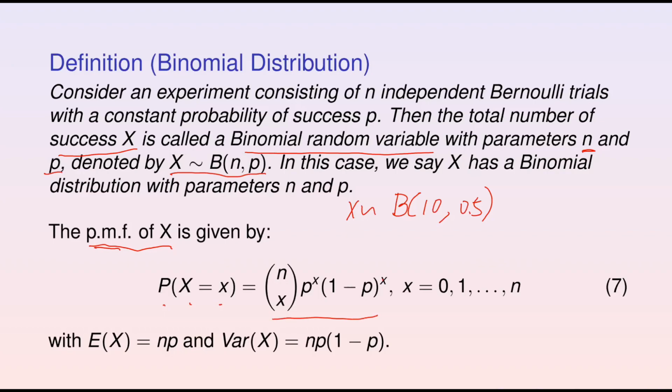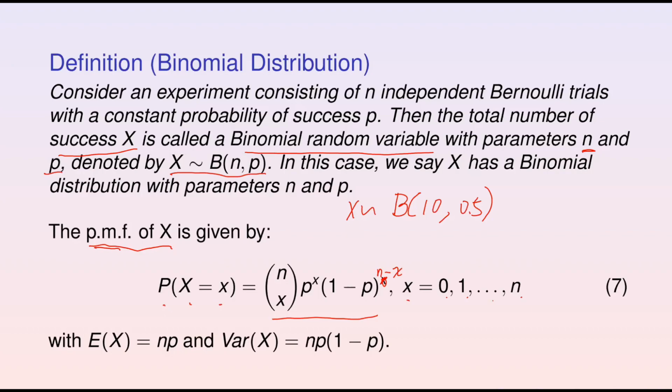I need to change this one. N minus x. Here x equals 0, 1, 2, up to n. We need to be careful about the possible values of x, the number of successes among these n independent trials.